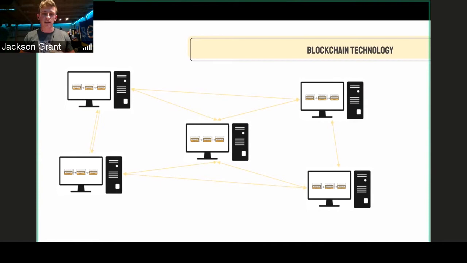So if I try to tamper with one of the blocks within the link, I'm going to essentially cause a change in the outcome of the equation, and it's not going to match with any of the other computers' equations. So it's going to be counted as fraud and not be added to the ultimate link, which is how it's theft-proof.